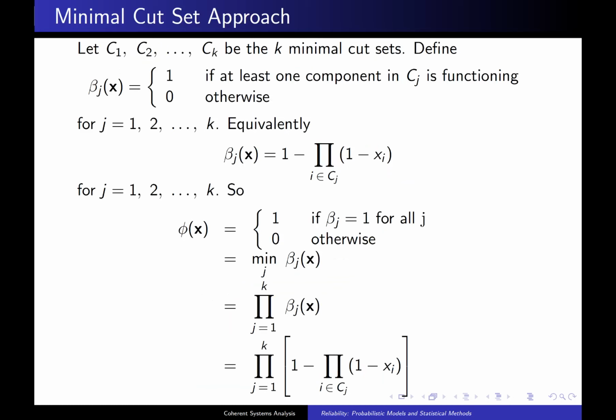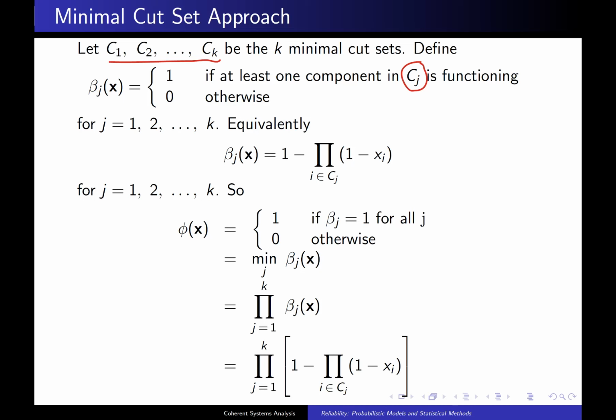We now take the opposite approach, and that is the minimal cut set approach. This time we let C1, C2 through CK be the K minimal cut sets. Then what we're going to do is define a beta j of x in the following fashion. We're going to let it be 1 if at least one component in the cut set C sub j is functioning and 0 otherwise.